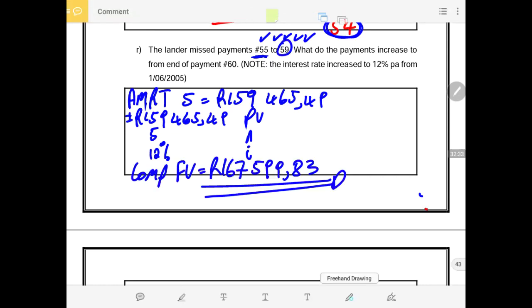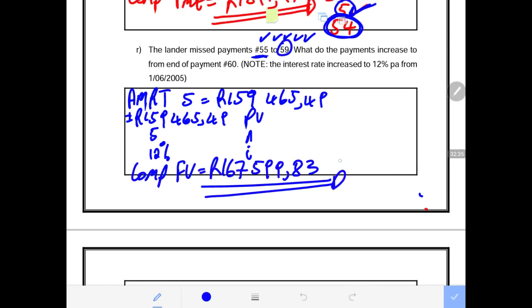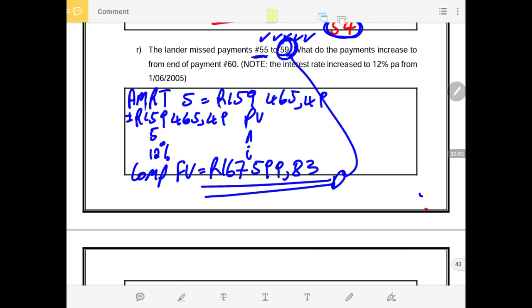This is what the client owes at the end of the 59th month, which is the last month when he missed the payment. Now, on the 60th month, he starts to make the new payments.